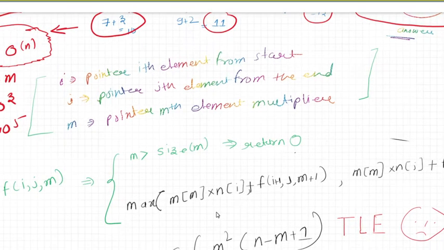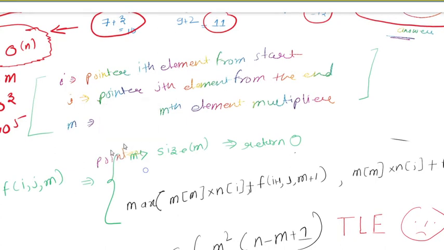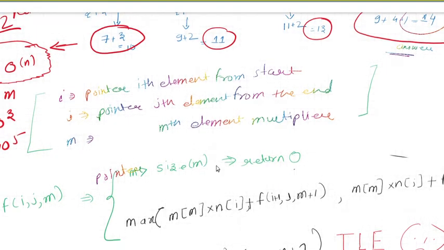So let's look at the recursive solution here. Let's consider I, J, and M as three pointers. I is a pointer pointing to the ith element from the start.